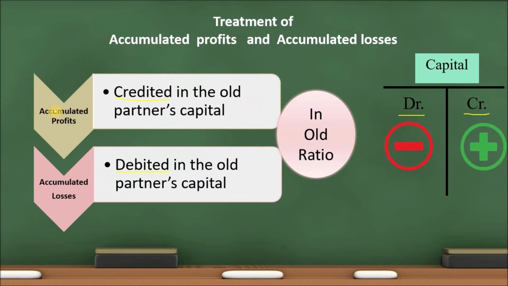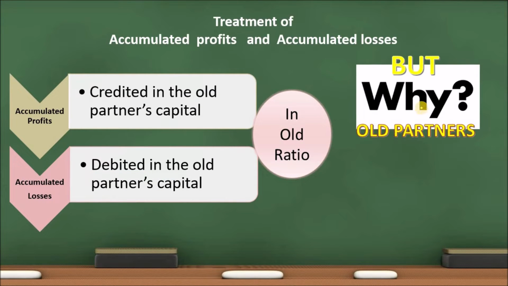Whenever there is an accumulated profit, when we distribute it among the partners, the capital is going to increase, therefore it is credited. But when we talk of accumulated losses, the capital of the partner will decrease, therefore it is debited. So this is the reason why partners' capital account is credited with accumulated profit and debited with accumulated loss.